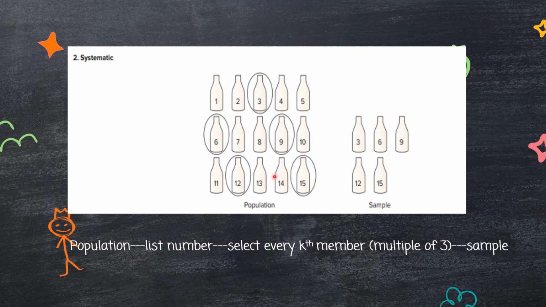Every member of the population is listed with number 1 to 15. But instead of randomly generating numbers, individuals are chosen at regular intervals, which is every member that is a multiple of 3. So the members selected for the sample are number 3, 6, 9, 12, and 15.